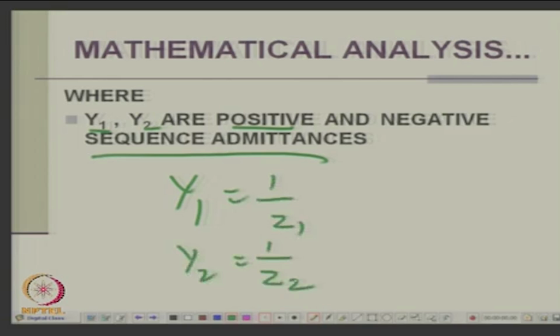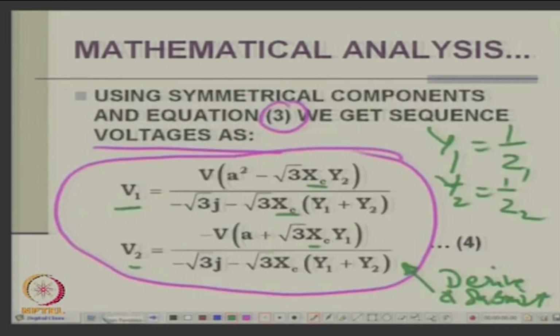Have you noted down the equation, all of you? Please note down this equation, and you know the terminal constraint. I think basically it is a simple circuit, solving the circuit. Agreed? Okay.